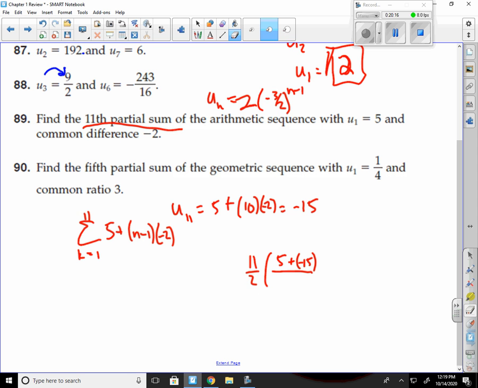So I guess I just did this ugly. That's better. It's the same thing, really, just a different way to look at it. Okay, 5 plus negative 15, that's negative 10, divided by 2 is negative 5. Negative 5 times 11 is negative 55. So that's what my partial sum would be from 1 to 11.